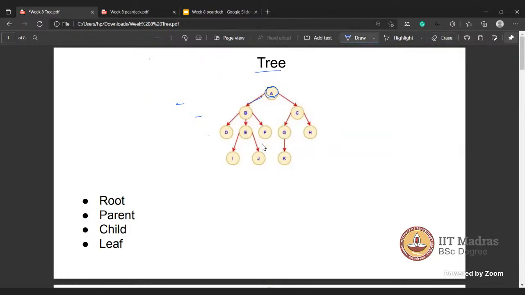Then root of the tree. The node at the top of the tree is called the root node, like A is the root node of this tree.